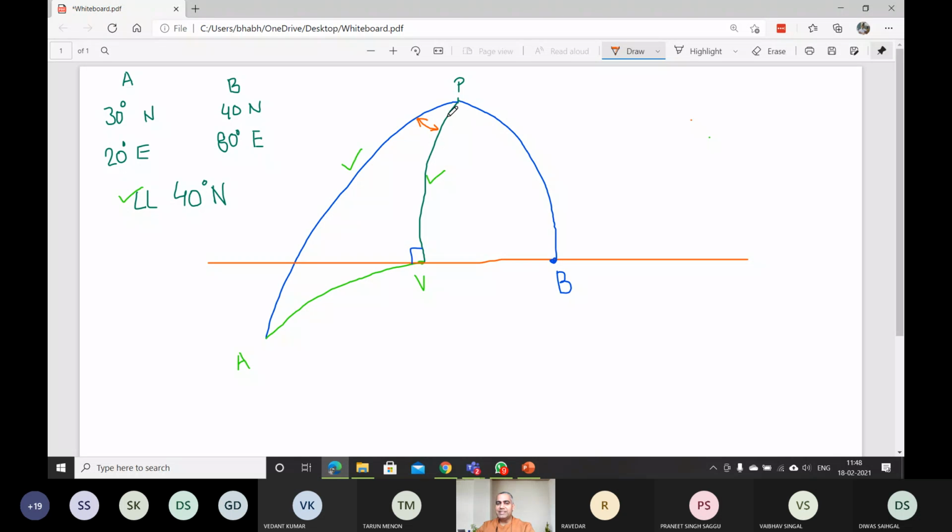Now, why do we find this angle? This angle basically gives you the D long between Alpha and Victor. You can see it is the angle at the pole contained between the meridian of A and the meridian of the vertex. So this gives us the D long between Alpha and Victor.